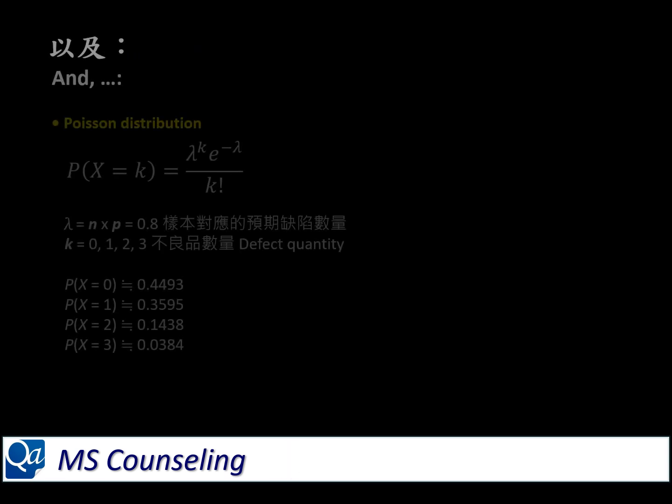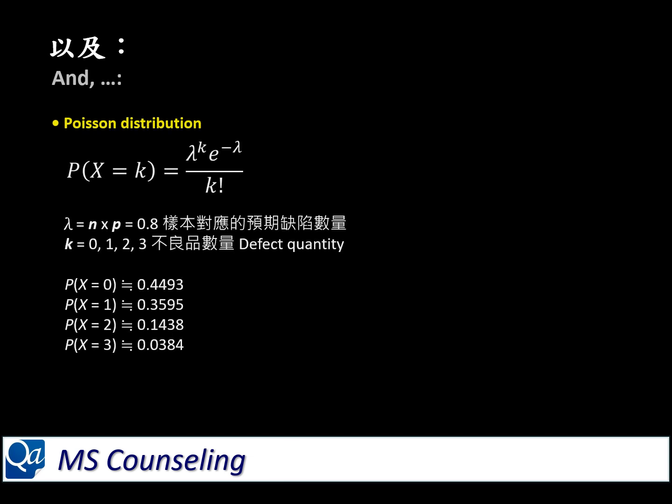The same applies for the Poisson distribution. When the number of defective items is relatively small compared to the overall sample size, and the AQL is small, the Poisson distribution approximates the binomial distribution, especially in the case of large samples. The formula for the Poisson distribution is shown in the video, where lambda equals n times p is the expected number of defects.